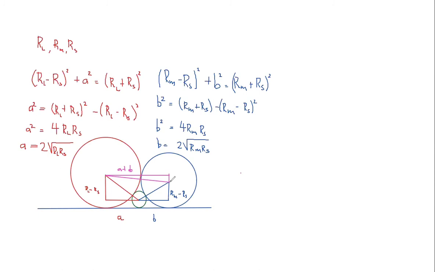And this distance here, I'll also write that in, is going to be RL, which is the entire distance, minus the radius of this circle, which is RM. So this is going to be RL minus RM.